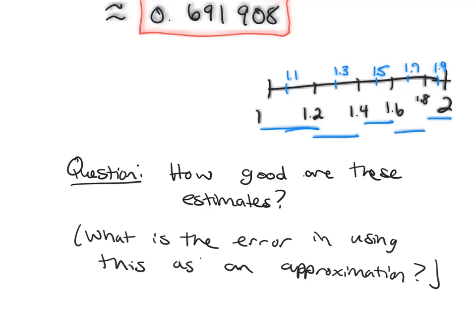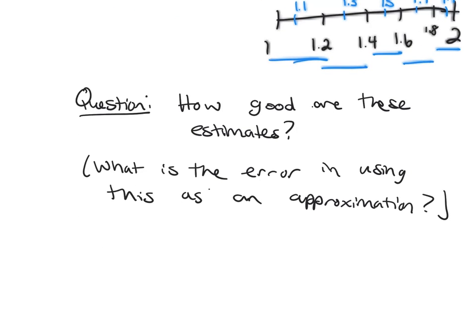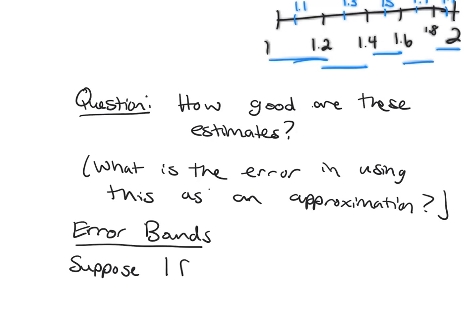So I can't tell you the exact error, but there is an upper bound on this error. So I'm going to call this error bounds. In order to get this upper bound, you need to know something about the second derivative of your function.